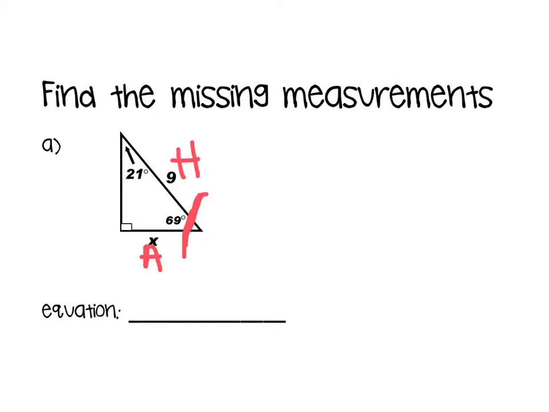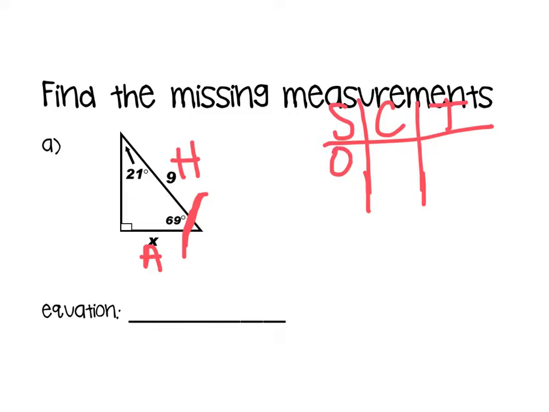Now, every time that I've ever done trig, especially when I was learning it as a student myself, I always wrote out a table to help me remember the trig ratios. And like I said in the last video, my teacher taught us Oscar has a heap of apples. That helps me remember what my ratios are.